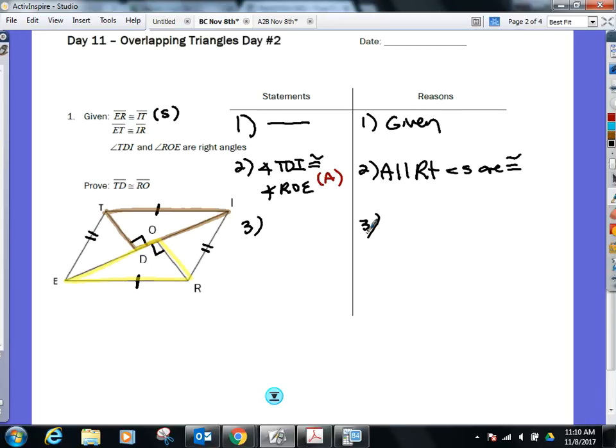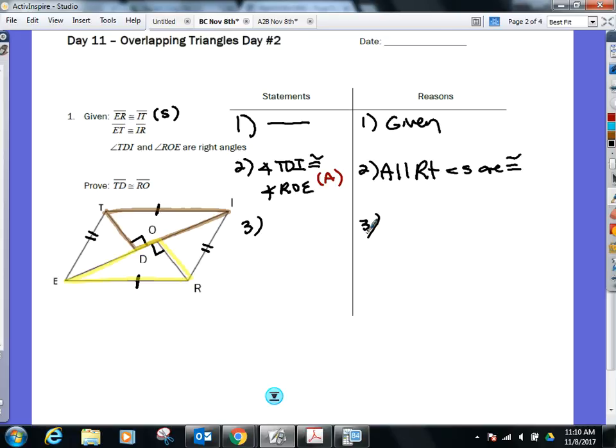We're not picking up the hint yet, anybody, right? Emily? What do you need, though, to make them congruent? They are alternate interior, but what do I need to make them congruent? Do I have them? Nope. Okay, so that's out the window.